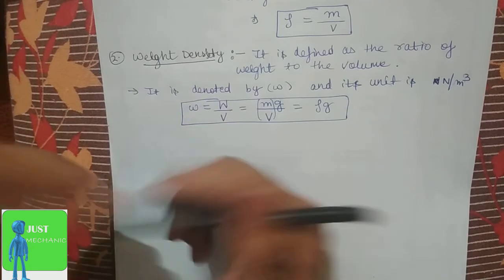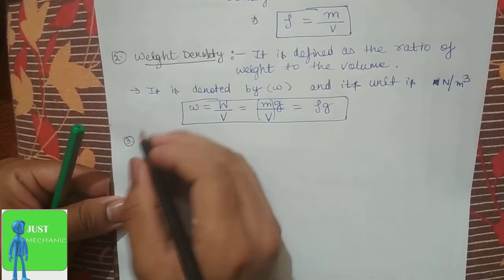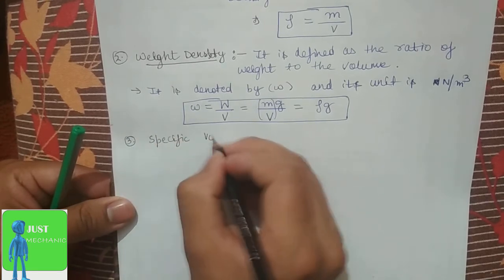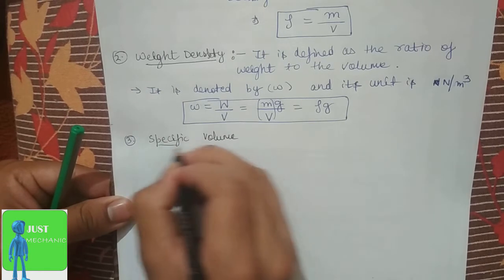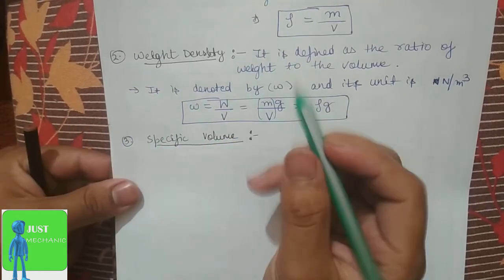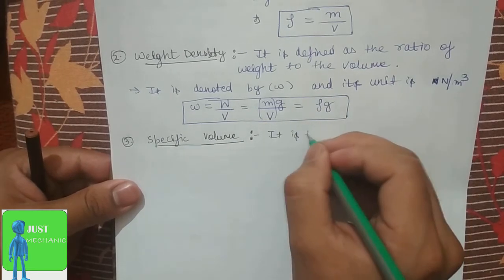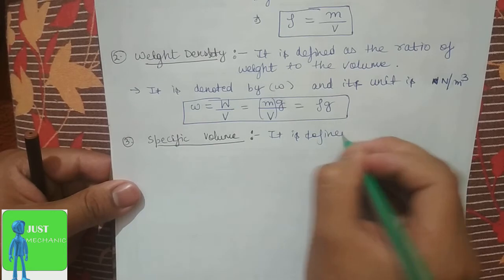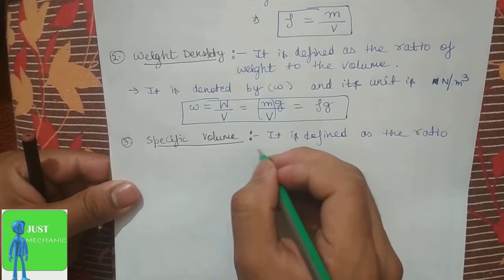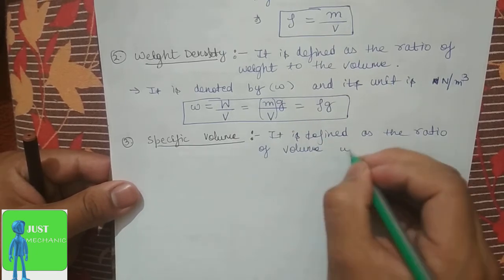The third property we have to study is specific volume. Specific volume is defined as the ratio of volume with respect to mass.